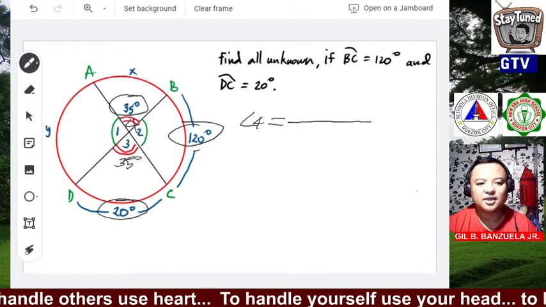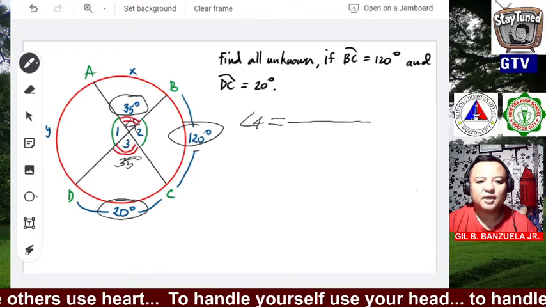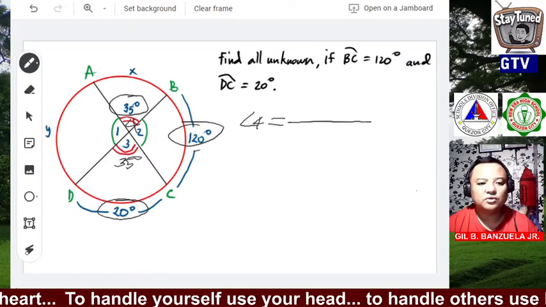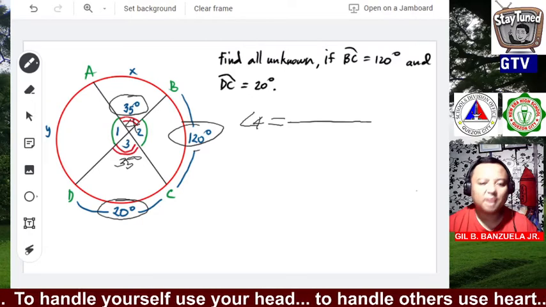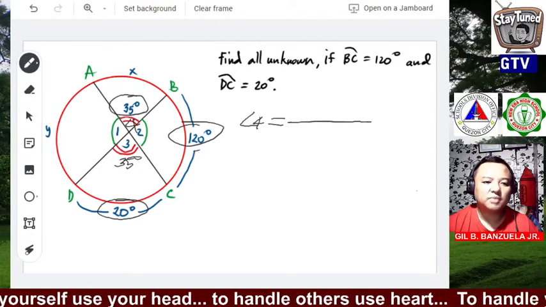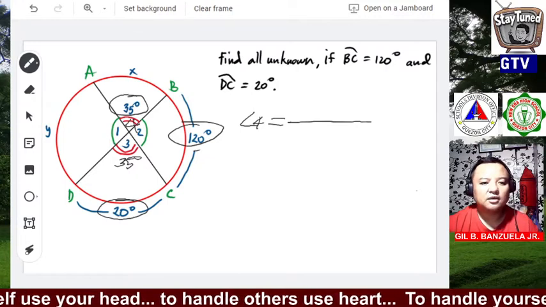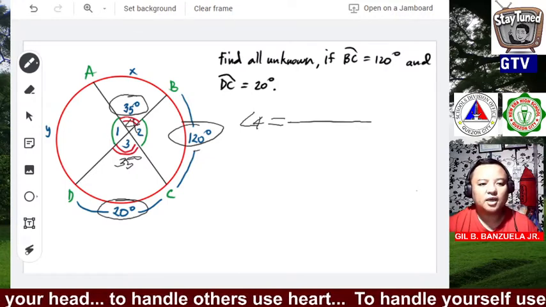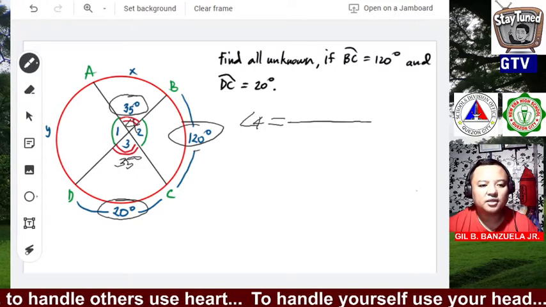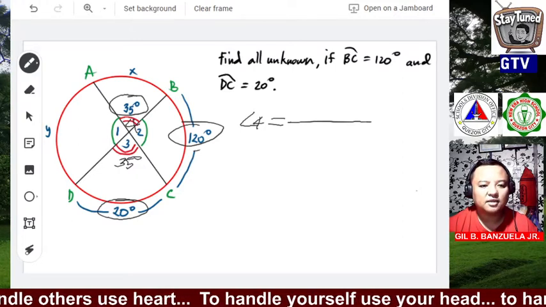So, alam natin yan. No? So, alam na natin yan before. So, pwede na nating i-apply yung two-chords theorem kapag nag-intersect. So, sabi dyan, yung angle formed by intersecting chords is equal to 1/2 of the intercepted arcs. So, i-add lang natin to.